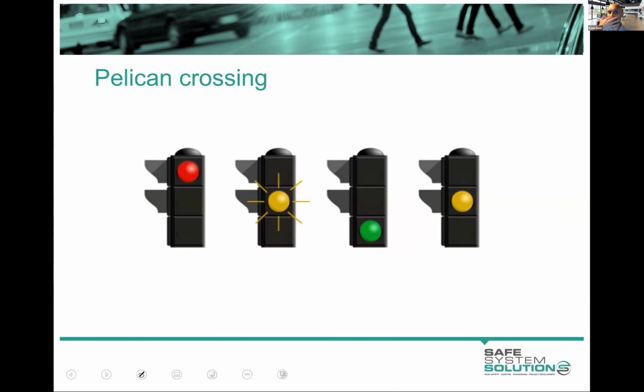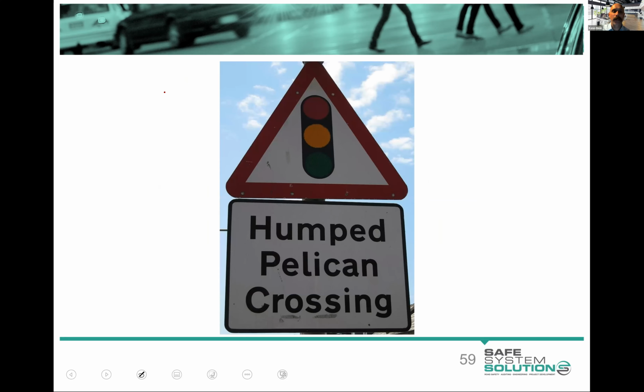That's a toucan crossing. A pelican crossing is a pedestrian light controlled crossing. The driver will see a red, and then a flashing orange for a while, which is saying if anybody's struggling or lagging, give way to them before it goes to a green. That's a pelican, a pedestrian light controlled crossing.